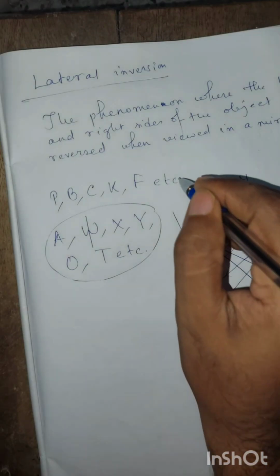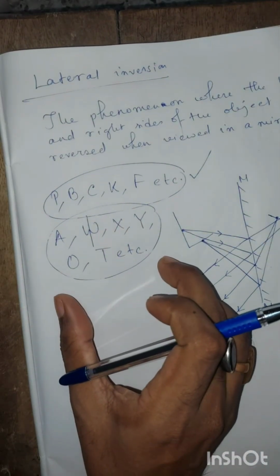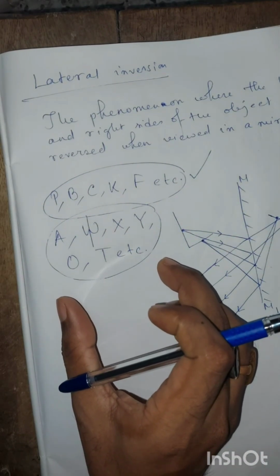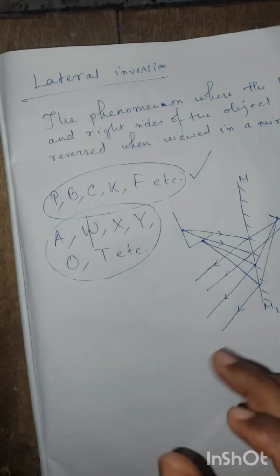That is why, for some symmetrical letters, when they suffer lateral inversion, we are unable to detect that. So lateral inversion is observed for these letters, but for some other symmetrical letters lateral inversion happens, but we are unable to detect that.